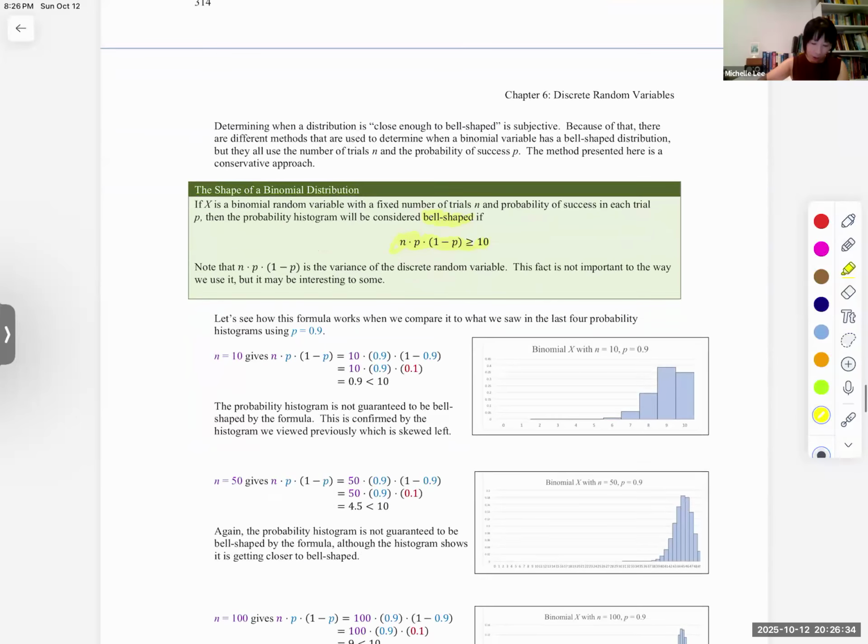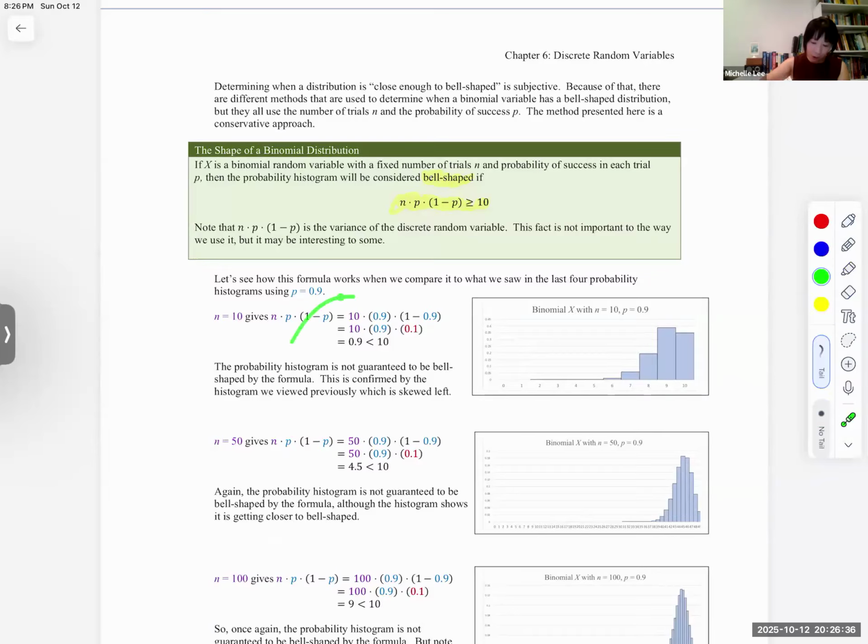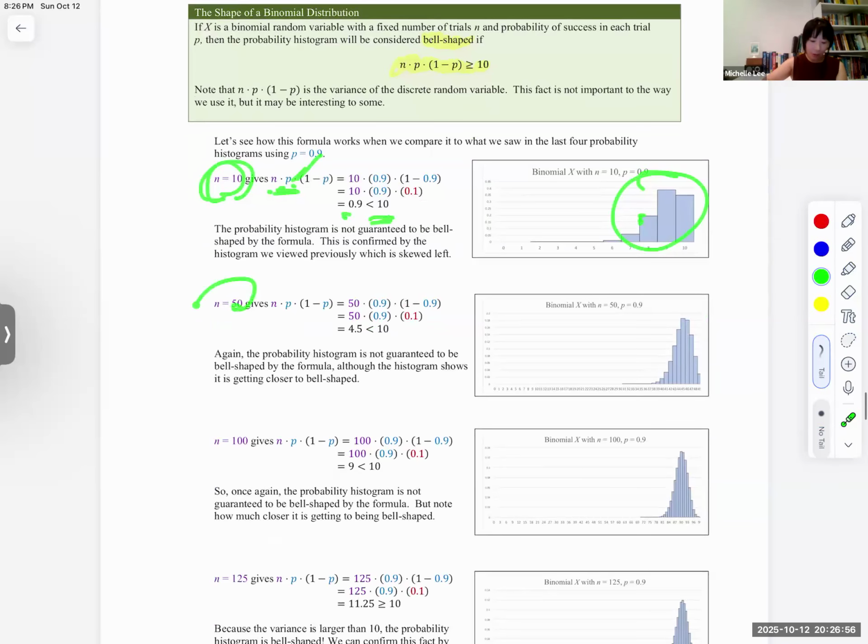So let's take a look. This one shows algebraically whether n times p times 1 minus p is greater than or equal to 10. So n equal to 10, we substitute n times p times 1 minus p with the same p, right? Then it's less than 10, that is the first shape. Second one, n equal to 50, we substitute.